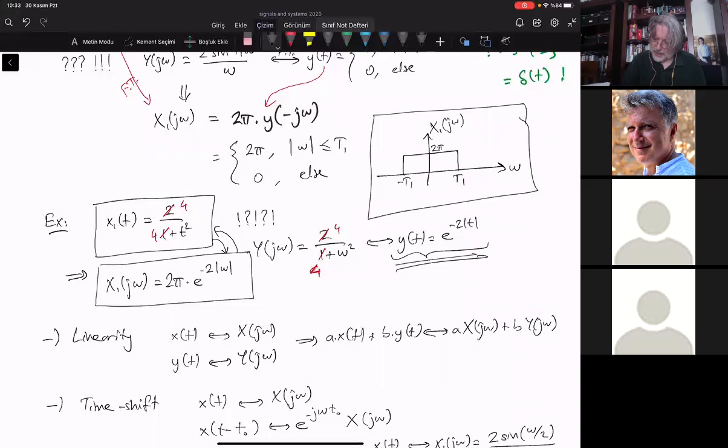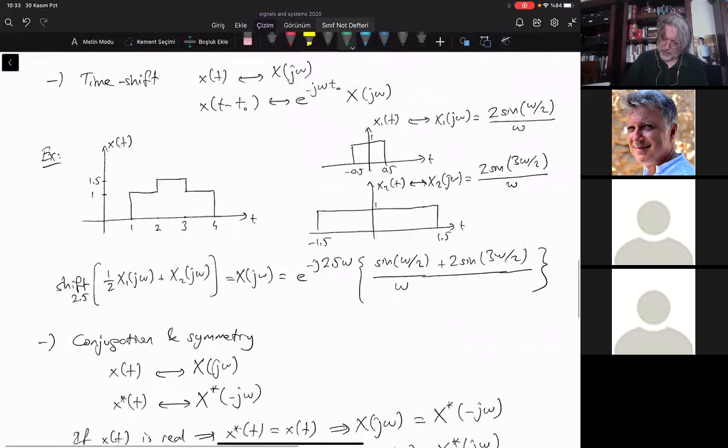I was using it in the form of 2a divided by a squared plus omega squared, which is the Fourier transform of e to the minus a absolute value of t. And here a is equal to 2 for this example.